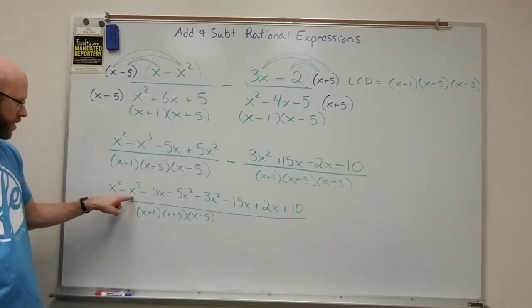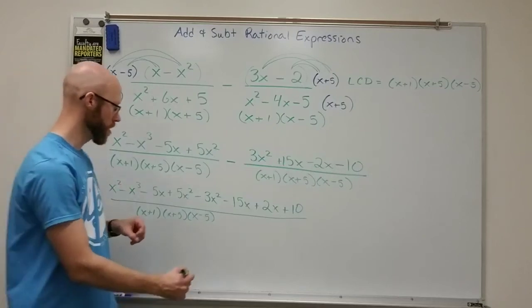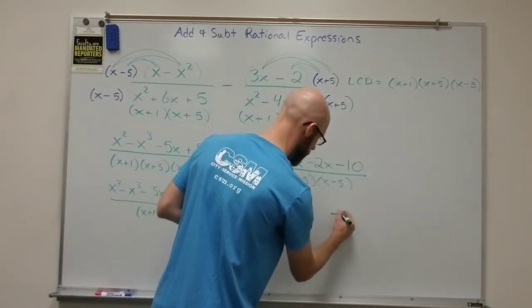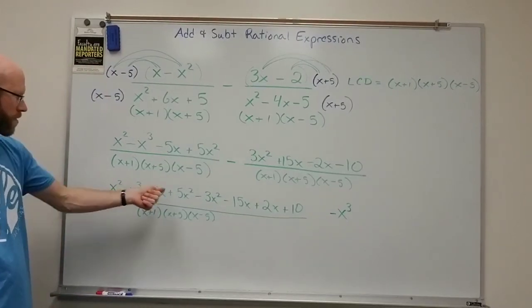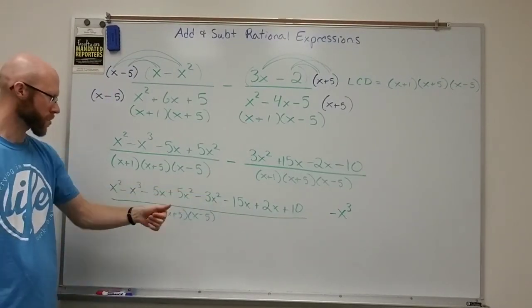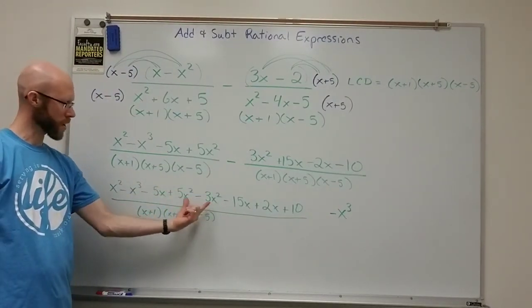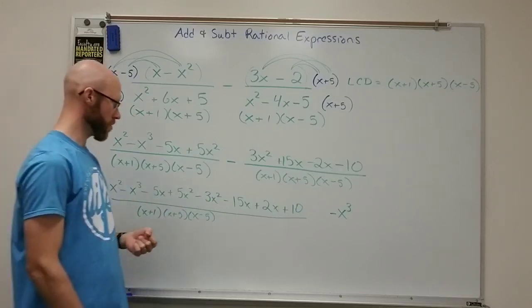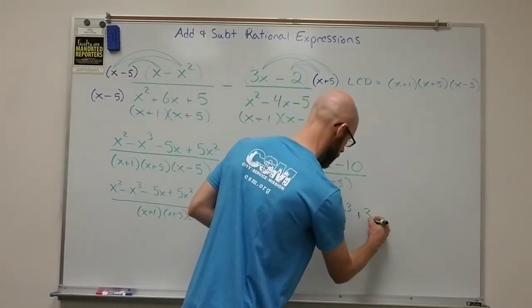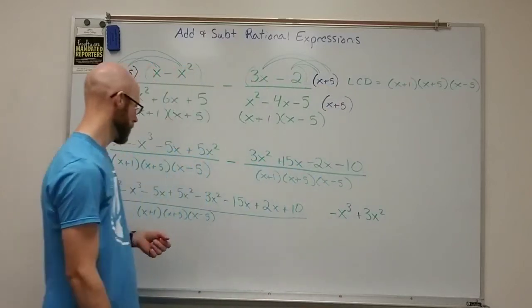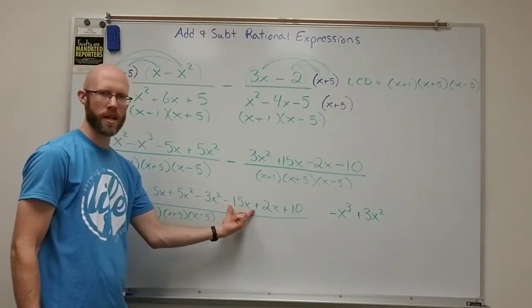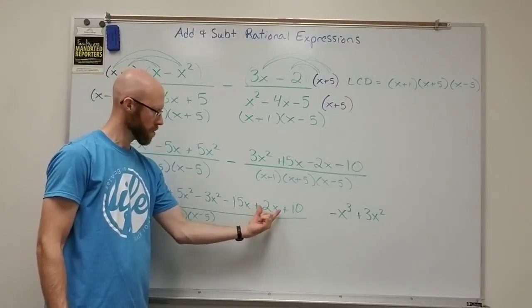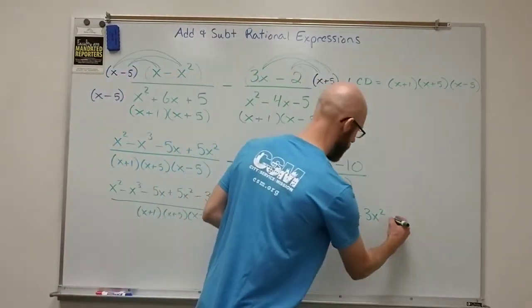I see there's an x cubed, so I'm going to go with that one. It's going to be a negative x cubed. I see an x squared, 5x squared, and a minus 3x squared. These two make 2x squared, that makes a 3. So 3x squared. I got minus 5x, minus 15x is minus 20, plus 2 is minus 18x.